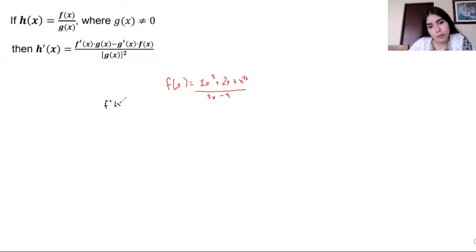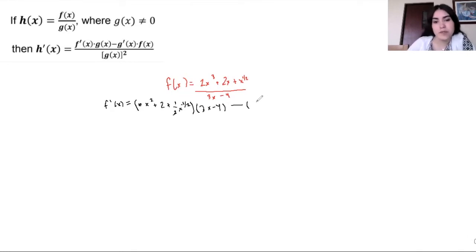Following the formula, first find the derivative of the top part. So 2 times 3 is equal to 6x^(3-1), which is squared, plus the derivative of 2x, which is 2, plus the derivative of x to the half, which is 1/2 x to the negative half power, close parentheses. Then the next part is the bottom part, because it stays the same: 3x minus 4, and then minus, and then we find the derivative of the bottom part.